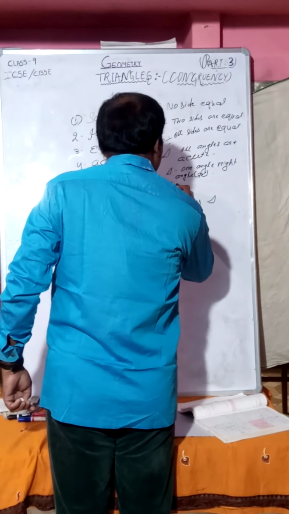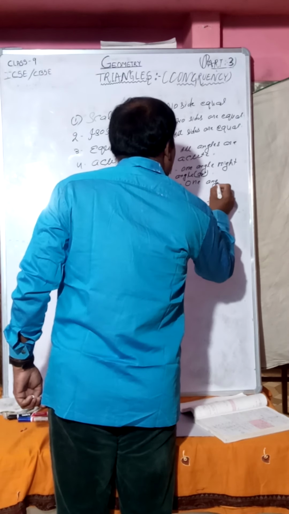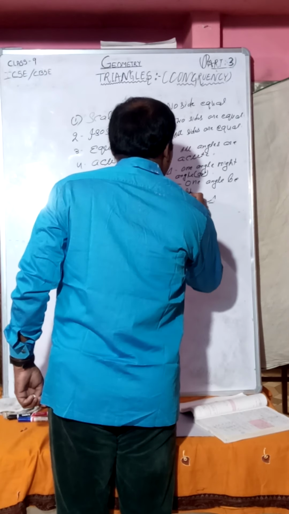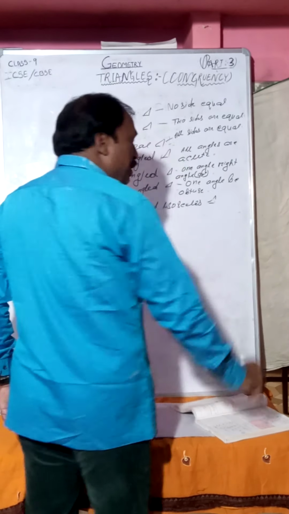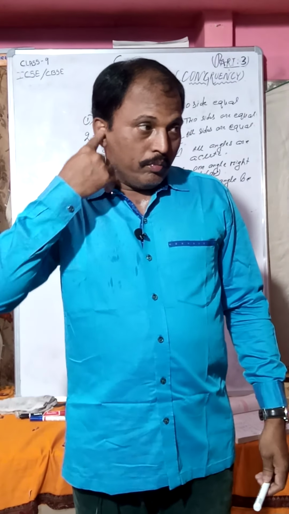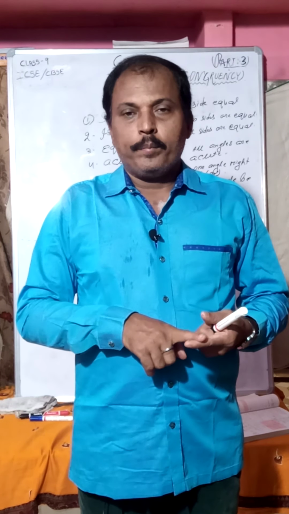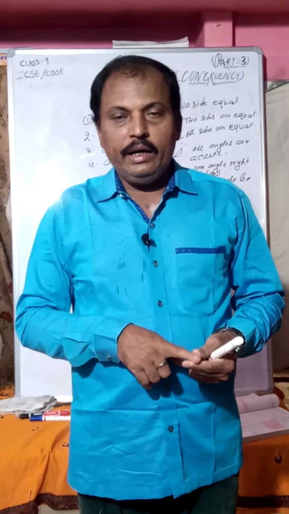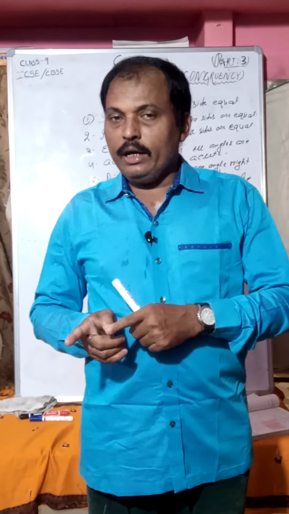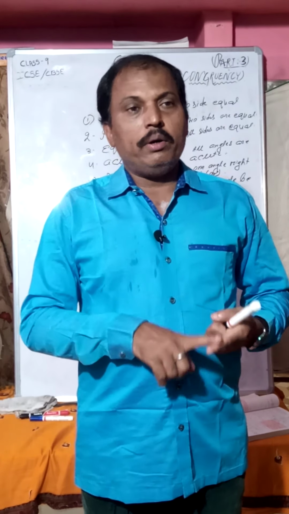And obtuse angle triangle, one angle is obtuse. What is an obtuse angle? The angle whose measurement is greater than 90 degree but less than 180 degree is called obtuse angle. Acute angle greater than 0 degree, less than 90 degree. Right angle equal to 90 degree.